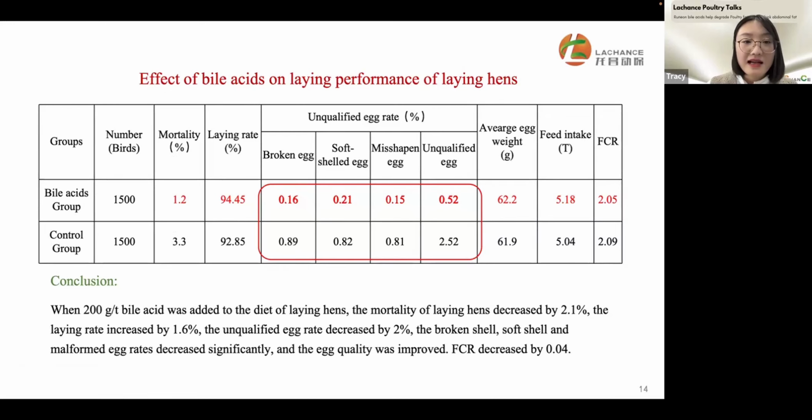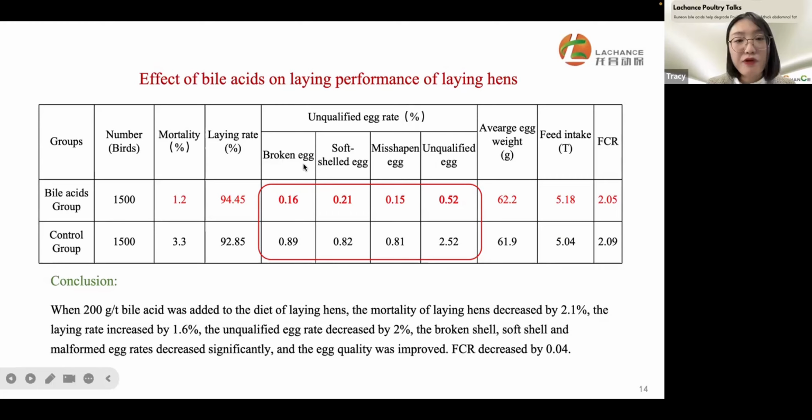You can see that. And also the laying rate, after using bile acids, the laying rate was increased from 92.85 to 94.45%. And the unqualified egg rate decreased by 2%.